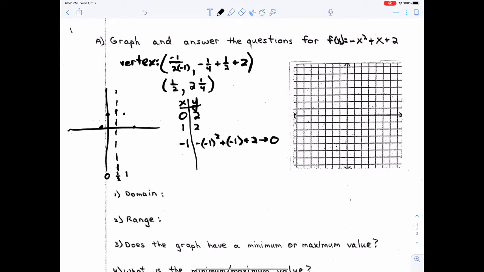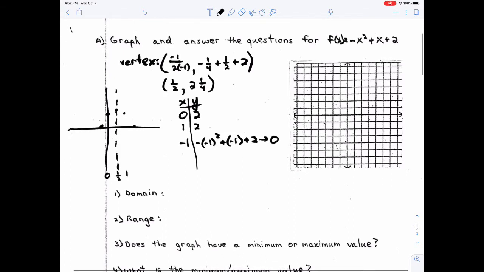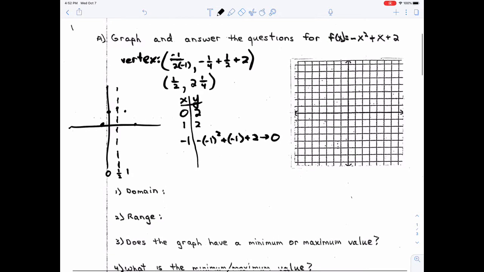And if this one's at -1, then it's 1.5 away from the axis of symmetry. If we go 1.5 away on the other side, we're at 1/2 and going 1.5 away, so that'd be 2. And that's going to be 0.